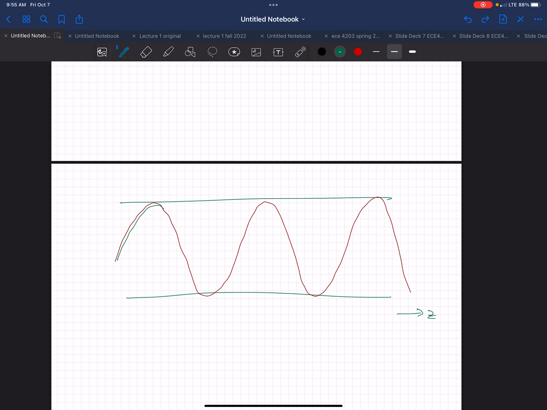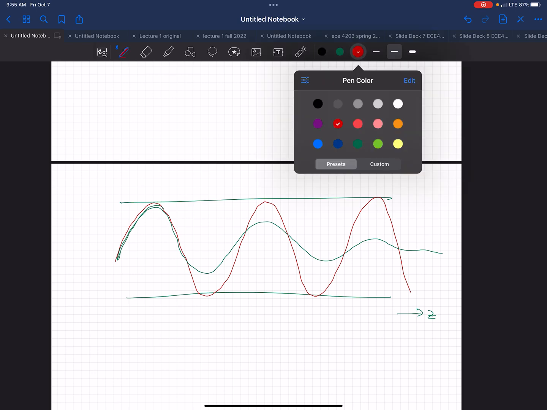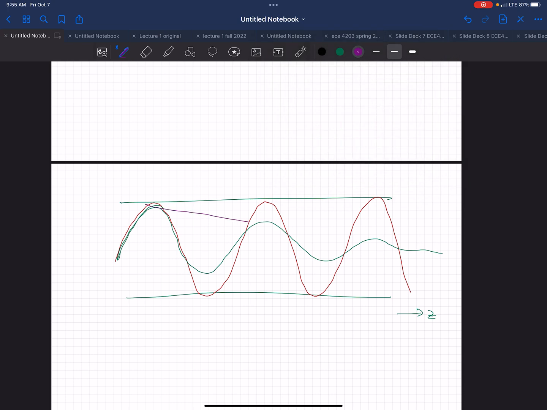I'm going to start seeing something like this. I'm going to get an actual loss. And this envelope of loss is coming from the e to the minus alpha z part of that solution.